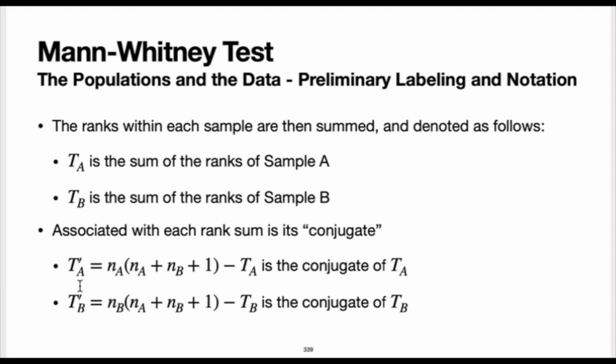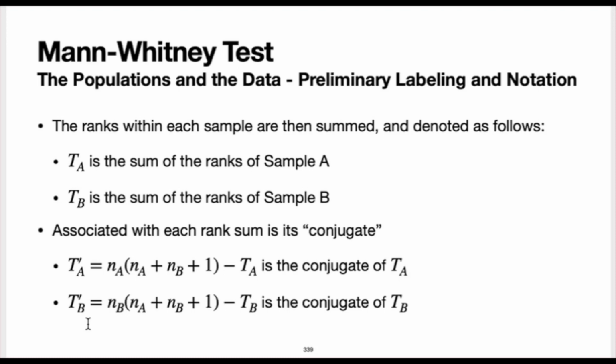So T prime A is the conjugate of T sub A, and it's calculated in the following way. We take the size of sample A times the sum of these quantities, the size of sample A plus the size of sample B plus 1. We take that product, and then from that we subtract the rank sum of sample A. And that's going to give us the conjugate of T sub A, which is T prime of A.